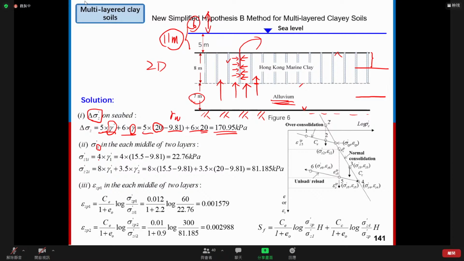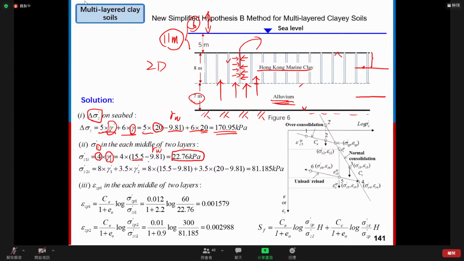So the thickness of this half layer is equal to 4, then multiply by the effective unit weight. The total one for the Hong Kong marine clay is 15.5 minus the gamma W 9.81, to get the initial effective vertical stress at the center point of the Hong Kong marine clay, right?